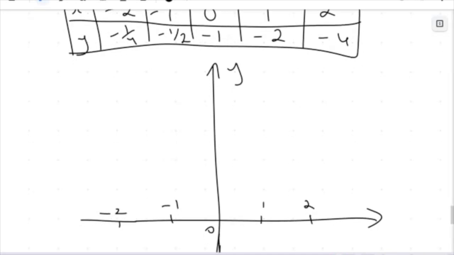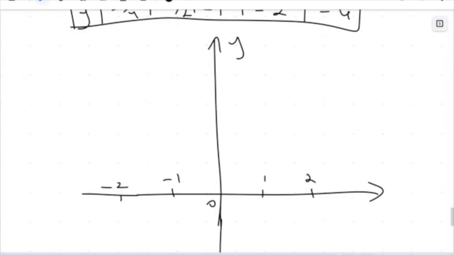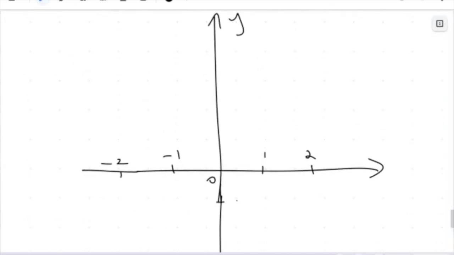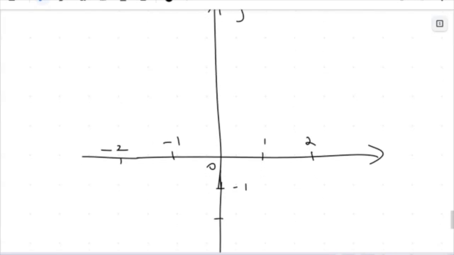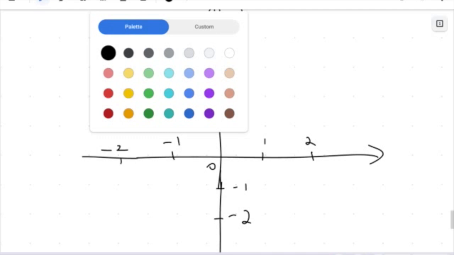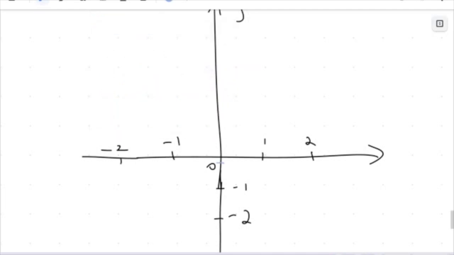When we put in x equals -2, y equals -1/4. So that's going to be kind of around here-ish. So my first point is going to be right here. When x is -2, y is -1/4.